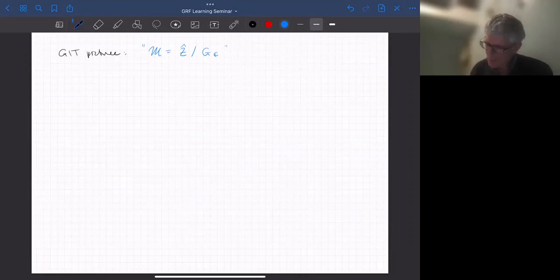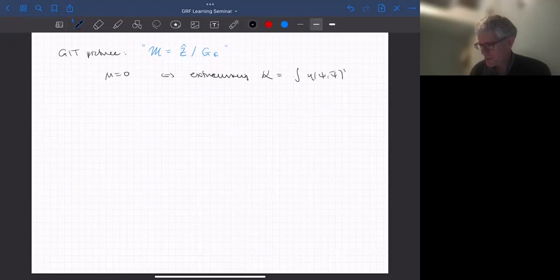That would say that setting mu equals 0 should be equivalent to extremizing this scalar potential, which was this integral of eta z over this complexified gauge group.